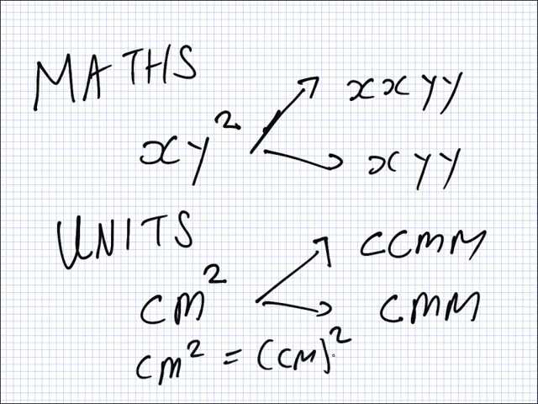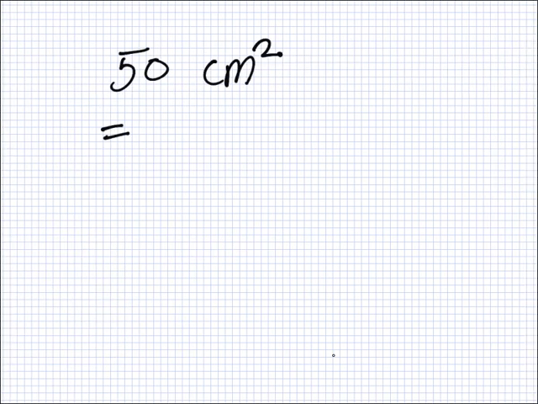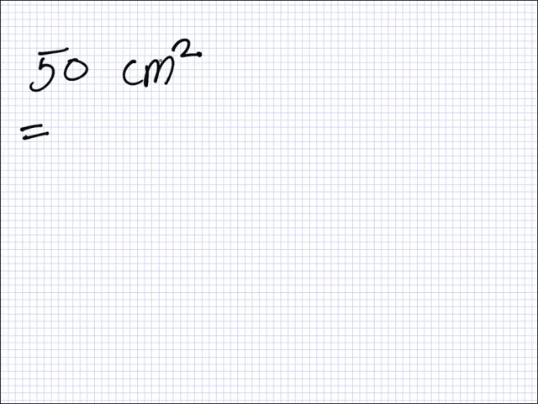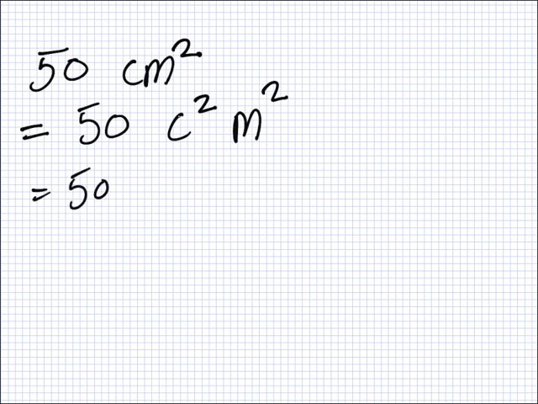Yeah? So, if I go back here, 50 centimeters squared really means 50 centi squared, meter squared. Really. But how big is centi? How big is centi? 0.01 squared meter squared.